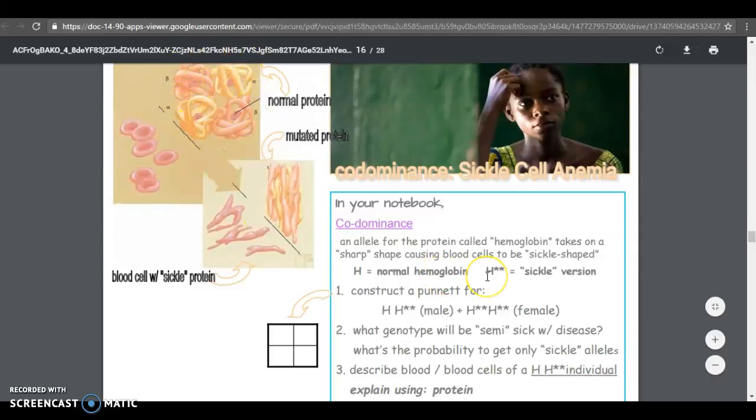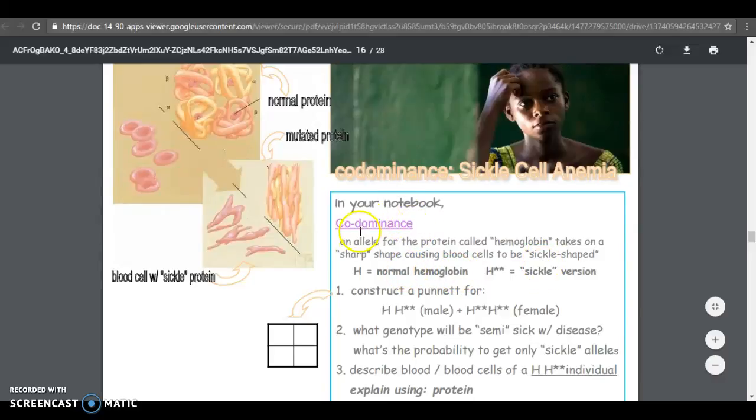If they inherit 2 of these dominant versions of the alleles, they will have the mutated protein, like this. But if they inherited 1 of each, the question is, because it's codominance, what would you expect? So based on patterns of codominance, if you got 1 of each, does it mean all are normal, all are sickle, or does it mean something else? Does it mean that you get a little of both?